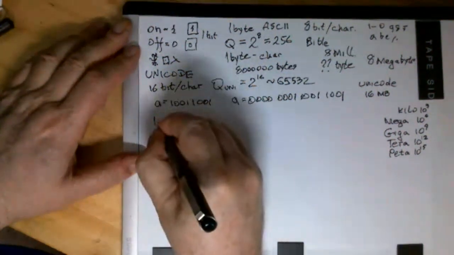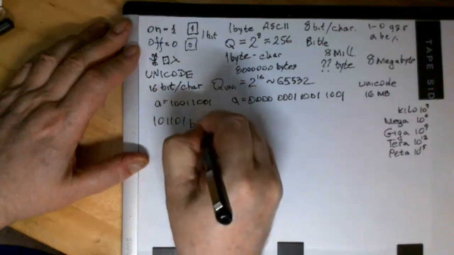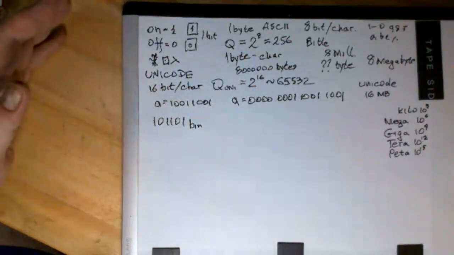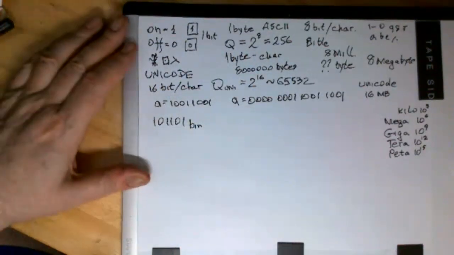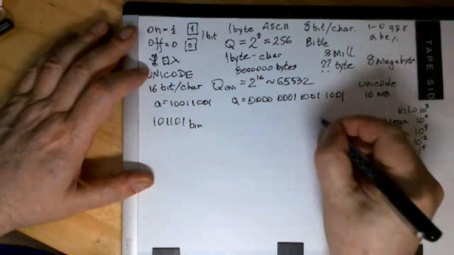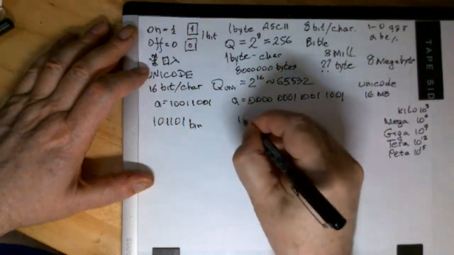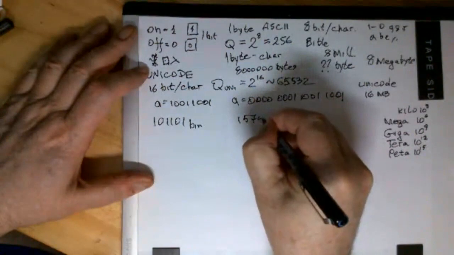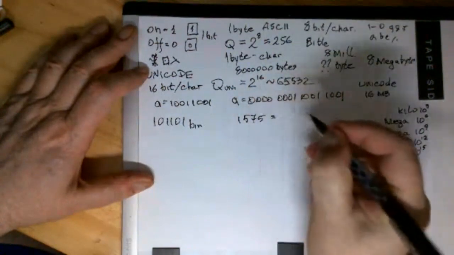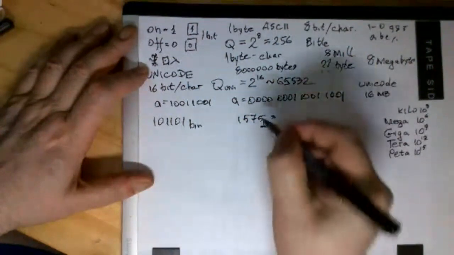For example, I will take the quantity 101101, and that is in binary. The principle of the record of binary is the same as a record for decimal. If I say 1575, this is decimal, definitely decimal.